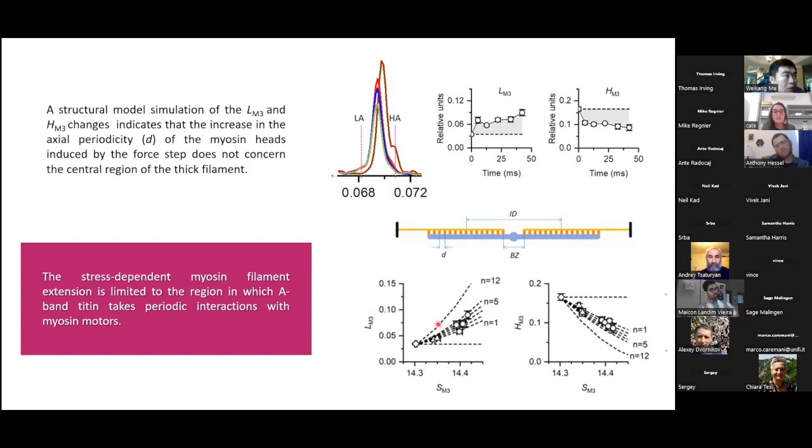And the result of this simulation is that the increase in the axial periodicity of the myosin head induced by the first step doesn't concern the central region of the thick filament. And with central region, I mean obviously the bare zone, but even the first 2 or 3 layers nearing it. So apparently, the stress-dependent myosin filament extension is limited to the region in which the A-band titin takes periodic interaction with the myosin motors.